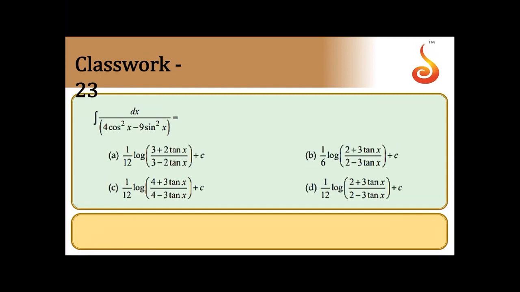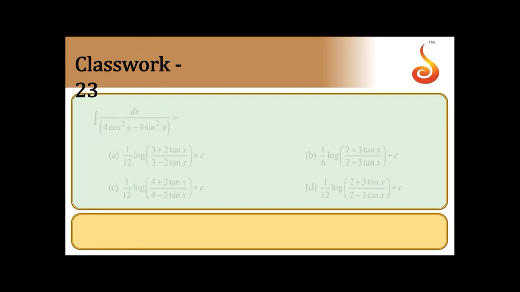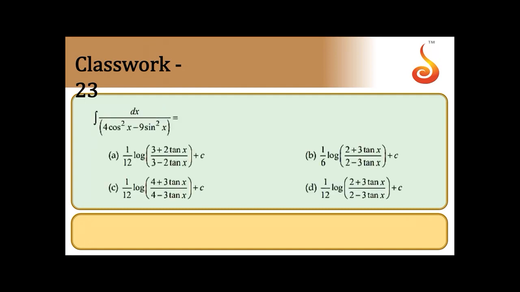Coming to the next one. Integral dx by 4 cos square x minus 9 sin square x. On simplification, this could be written by taking 4 cos square x common.